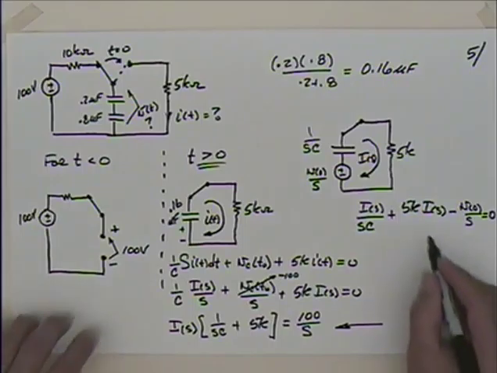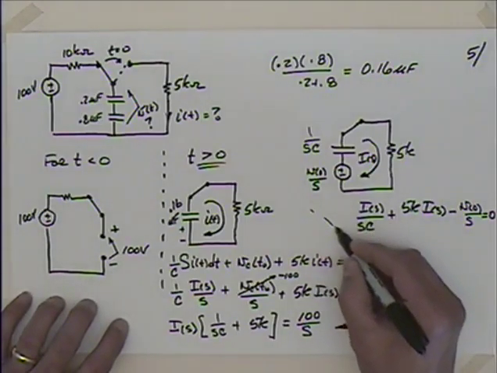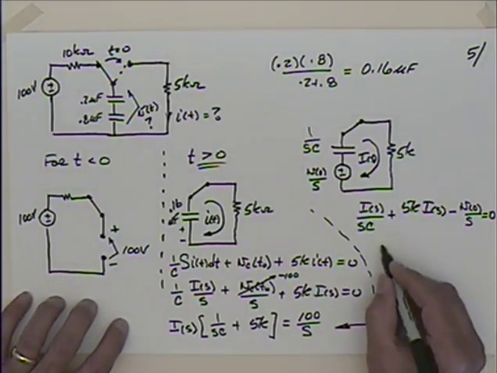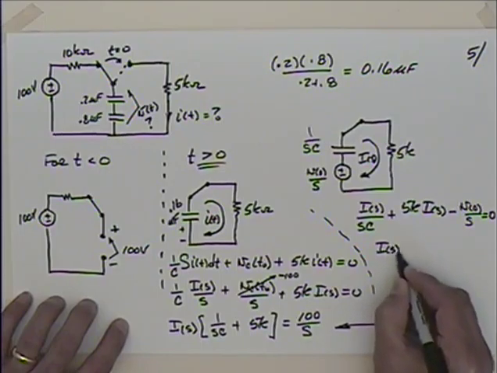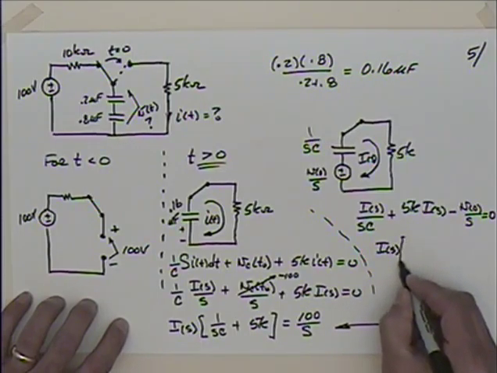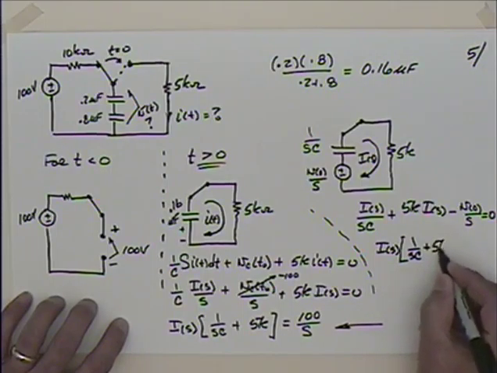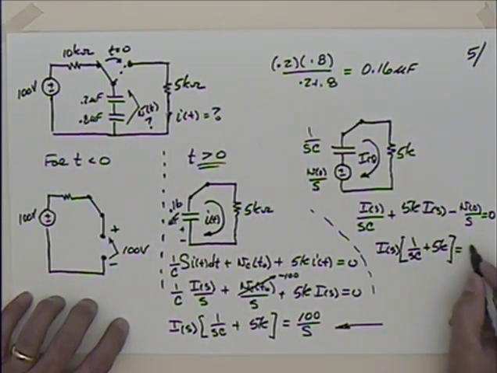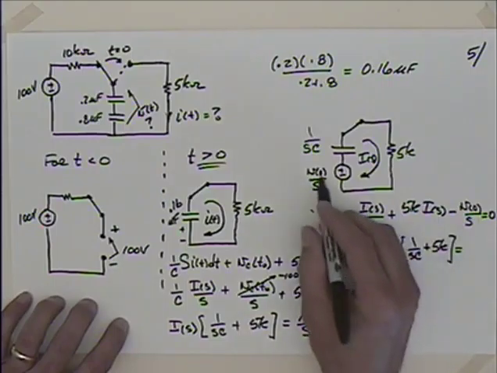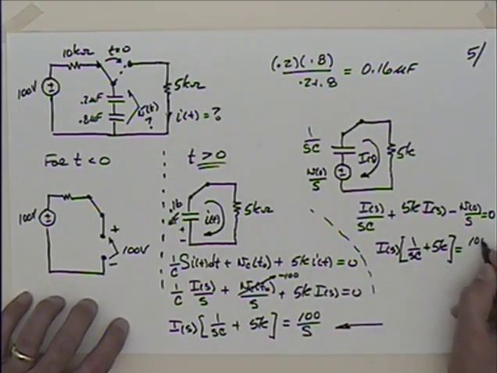Okay. So doing the exact same thing that I did here before, factoring out an I in the S domain, I have 1 over SC plus 5K is equal to V naught, that's that 100, divided by S.